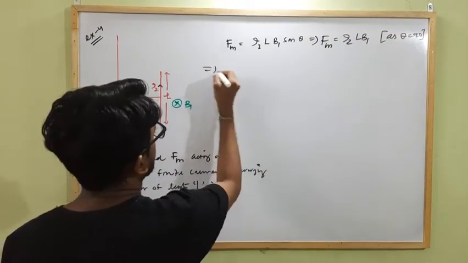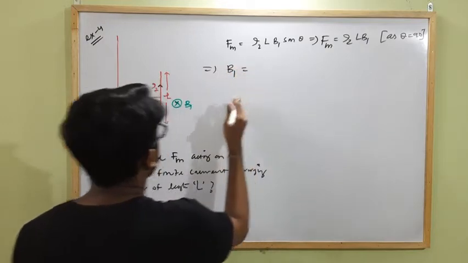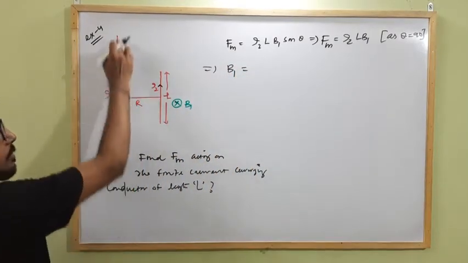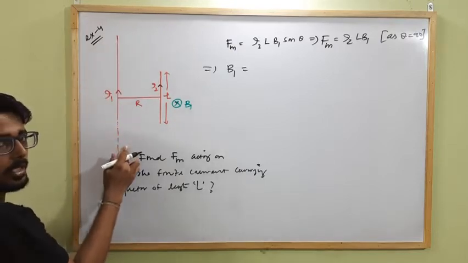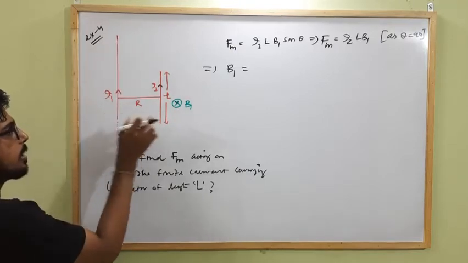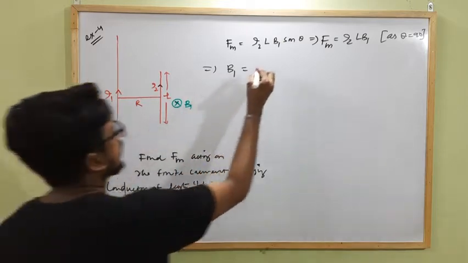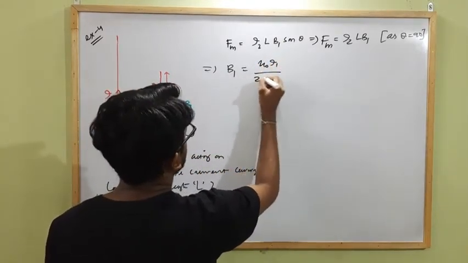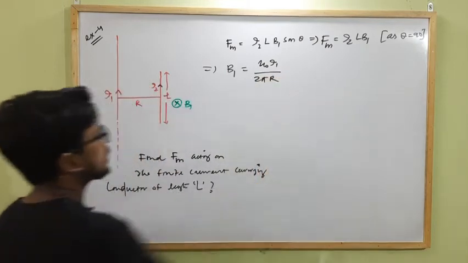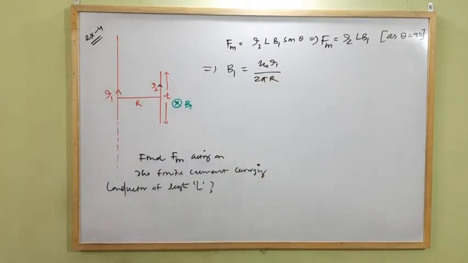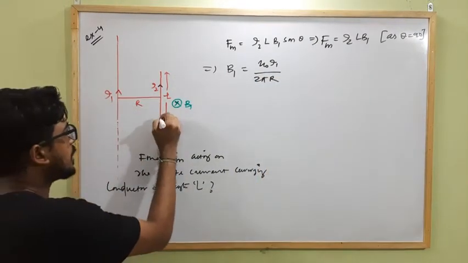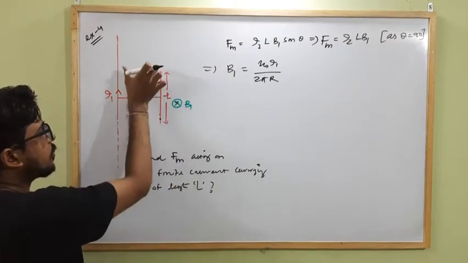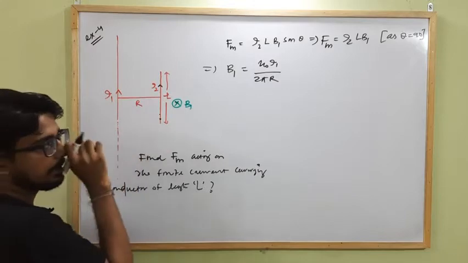So what is B1? The magnetic field at this point due to this current carrying segment at a distance R, as this is an infinitely straight long current carrying conductor carrying current I1, the magnetic field strength we already know will be mu naught I1 divided by 2 pi R. Clear? And the magnetic field strength is the same at each and every point because the distance from the current carrying conductor is uniform as these two are parallel.